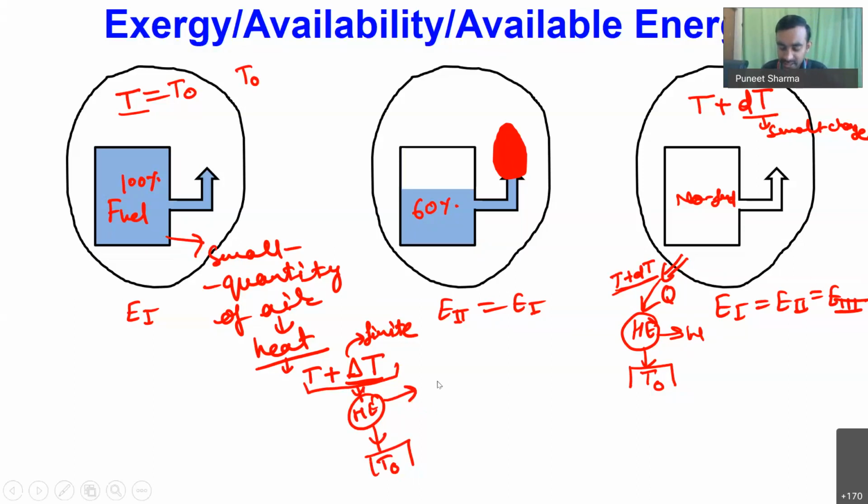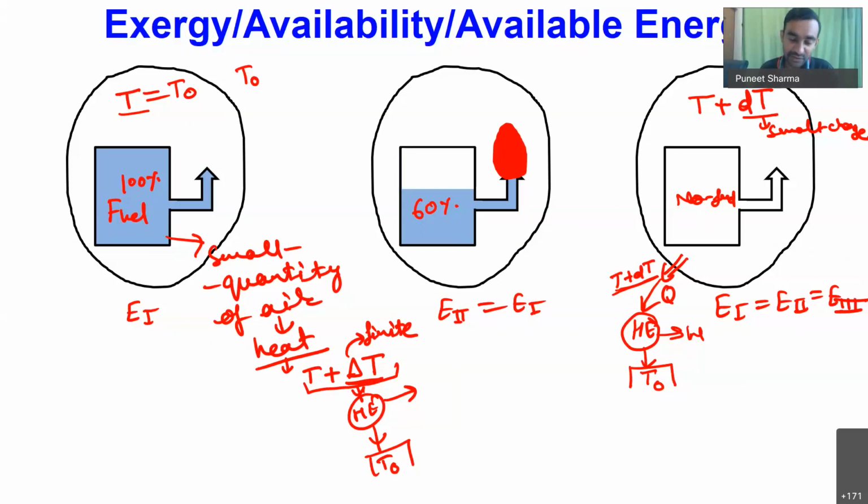some better efficiency, because in the third situation the temperature difference between the source and sink is very, very small, whereas in the first situation, between the source and sink connecting our heat engine, we have a finite temperature difference. So obviously in the first case we will have better efficiency of the machine, so we will have a better chance of converting some amount of heat into work.